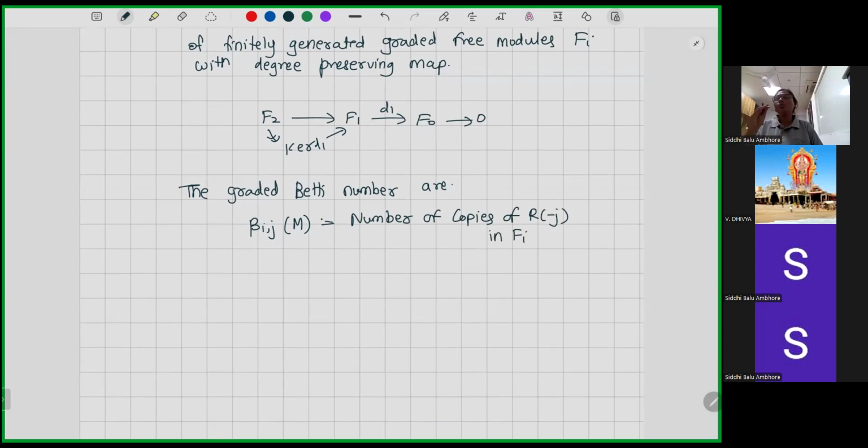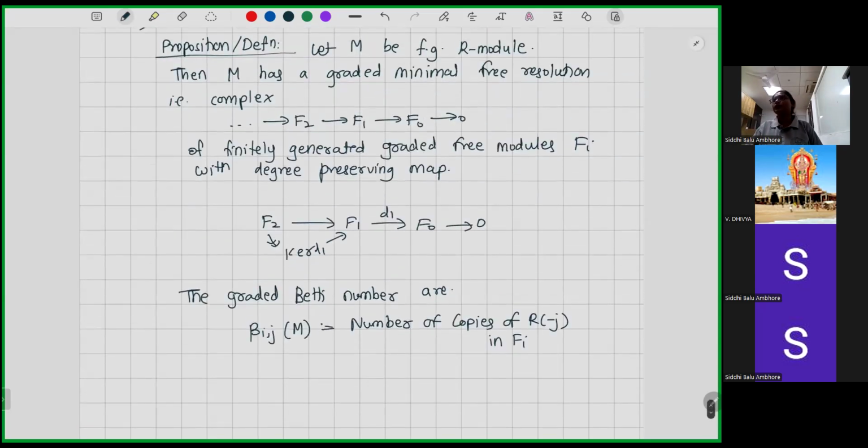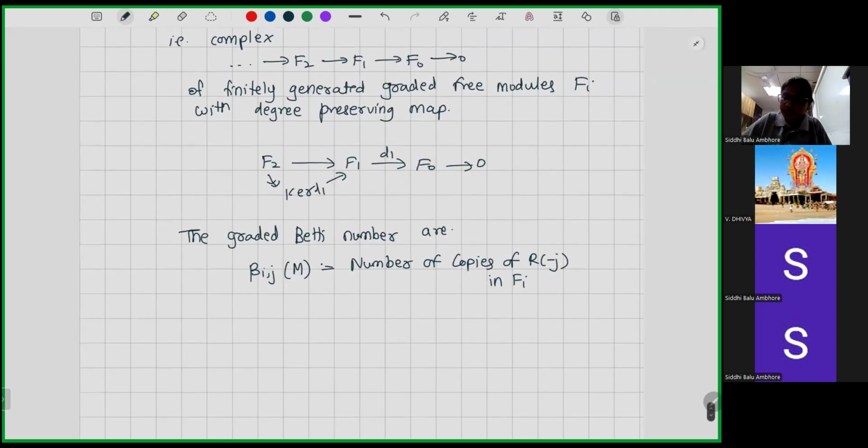So in order to have Fi to Fi minus 1 a degree preserving map, we can shift the degree. For example, if I have this map, x going to x square, every degree 1 term is going to a degree 2 term. But I want it to be a degree preserving map. So what I do, I shift the degrees by 1.